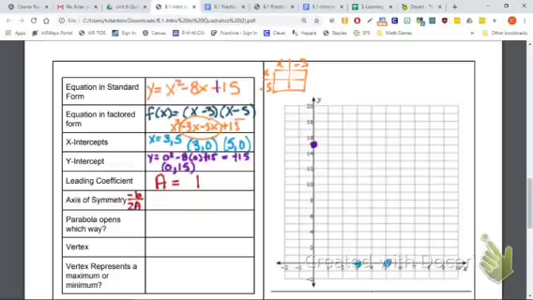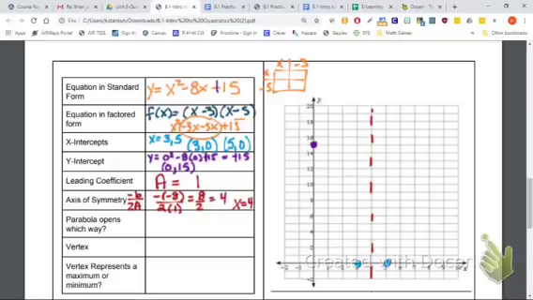So negative, and then my b in this problem is negative 8, over 2 times a, which is 1. Simplify that, I get positive 8 over 2, which equals 4. My axis of symmetry is at x equals 4. So I'm going to go over here and draw this dotted line showing you where that axis of symmetry lies.